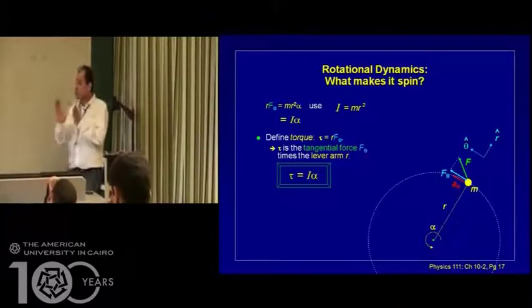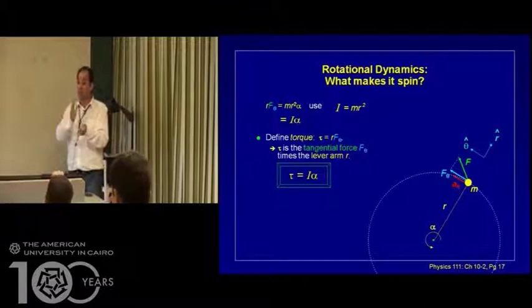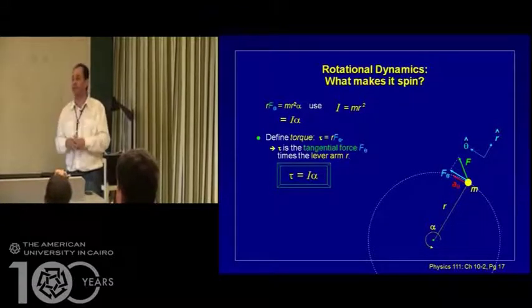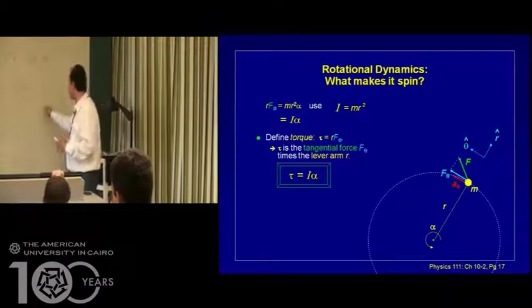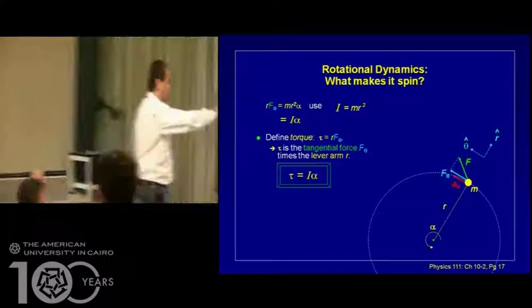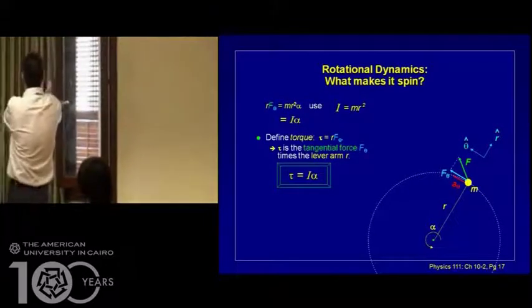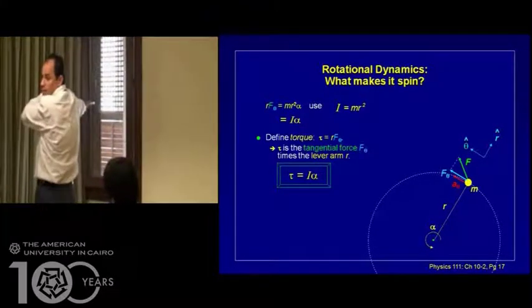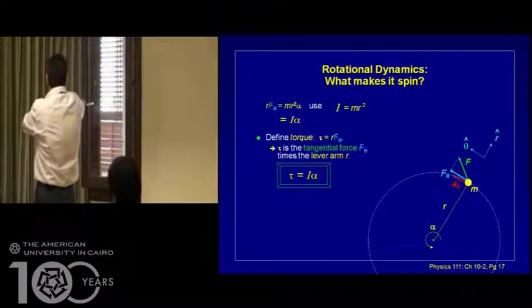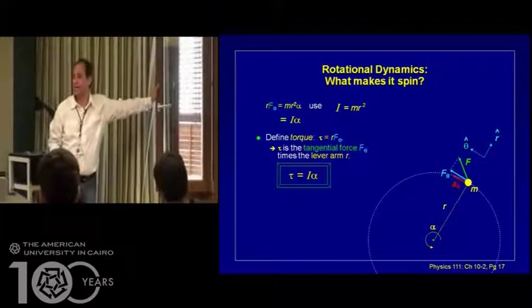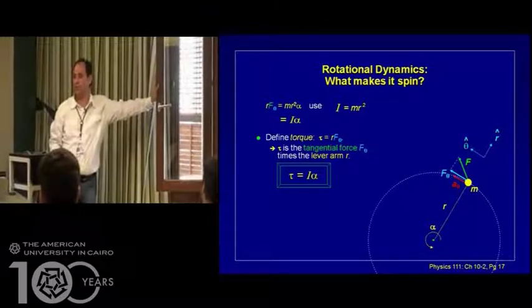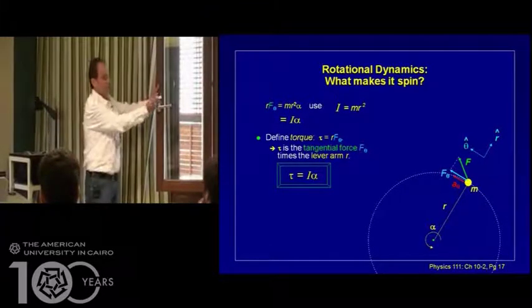It's not only R times F, the angle between R and F is very important as well. It's the component of the force that's perpendicular to R. But if you push that way, that's not effective at all. This will not make the object rotate. So we need that component, not that component.